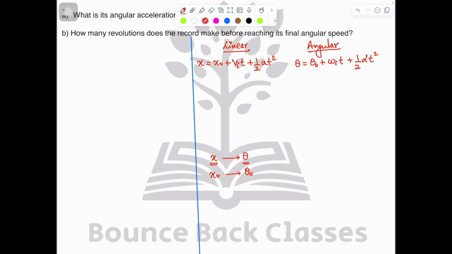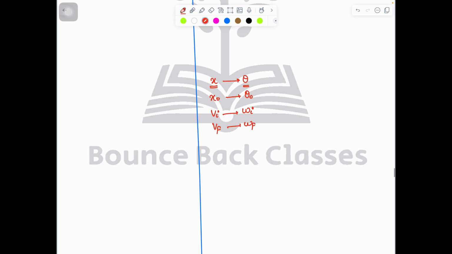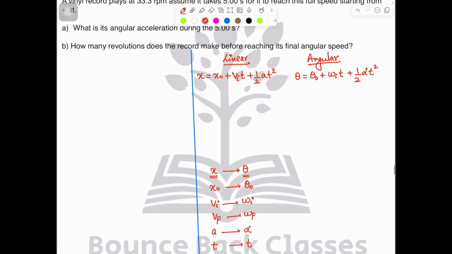In terms of velocity, v i and v final become omega i and omega final. Then acceleration is replaced with alpha, and time is time. If anything else comes, I will tell you. The first equation is clear.